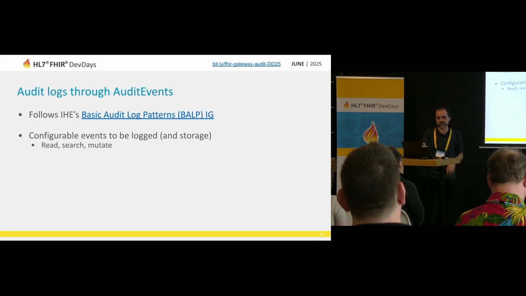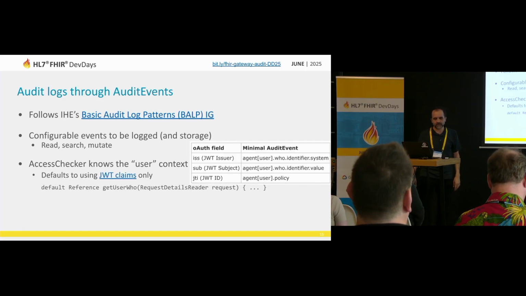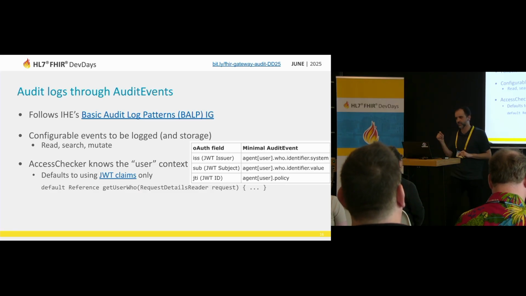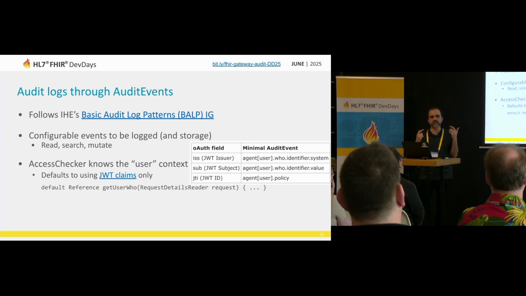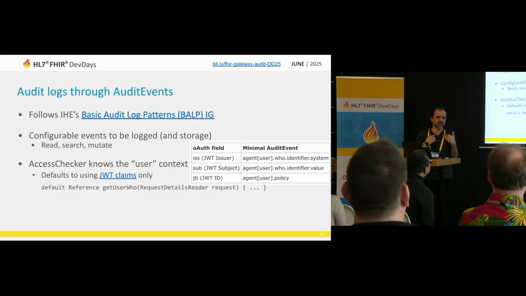Like I said, it is configurable. The only piece that the access checker can provide, and I think it's useful to be provided by the access checker, is who the user is. If you think about it, that's something that we cannot decide at the core level.